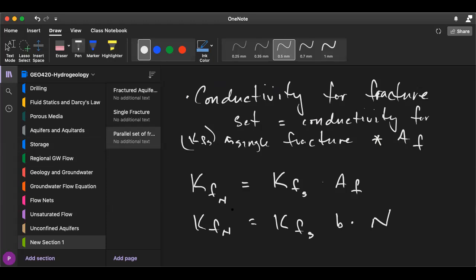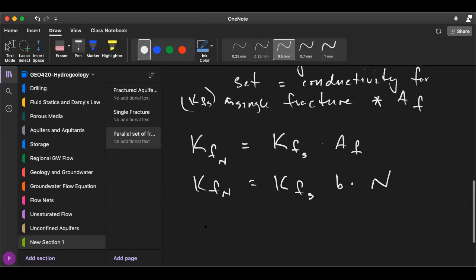All right, so I'm going to go one step farther now. Let's write Darcy's law for my fracture network.